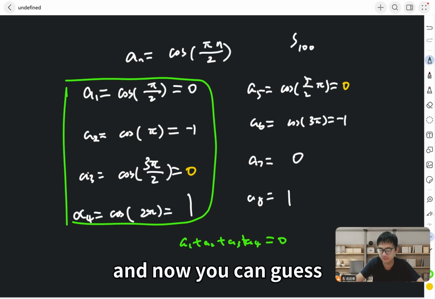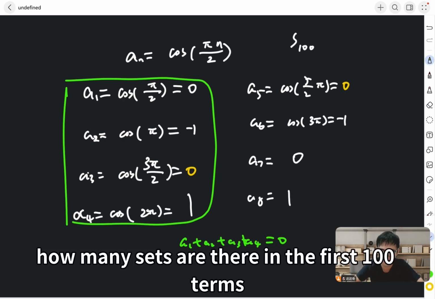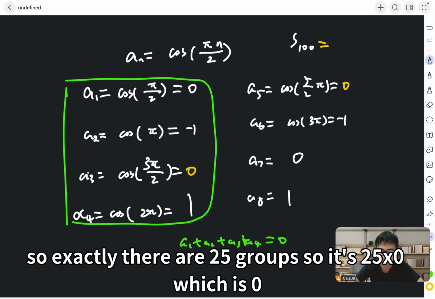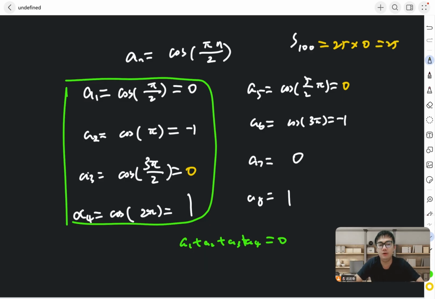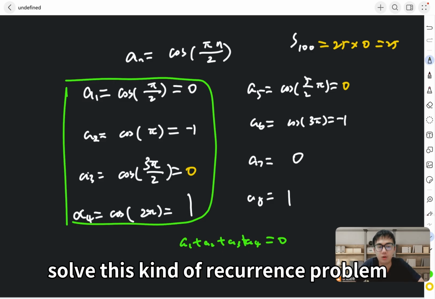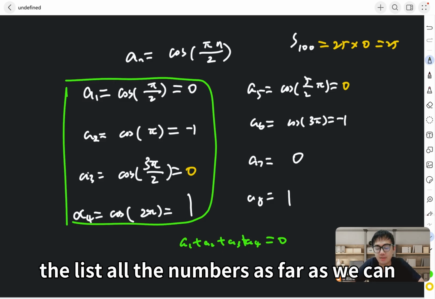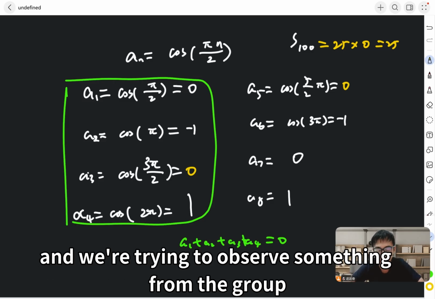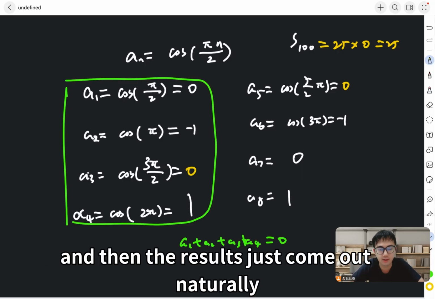Now we can work out how many groups there are in the first 100 terms. Exactly 25 groups. So it's 25 times 0, which is 0. This is how we solve this kind of recurrence problem. We list the numbers as far as we can, and try to observe a pattern in the group. And then the results just come out naturally.